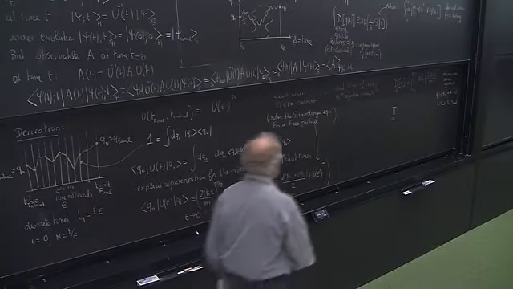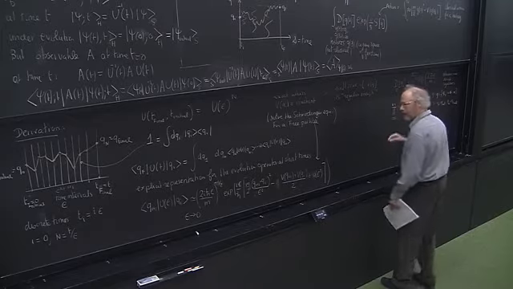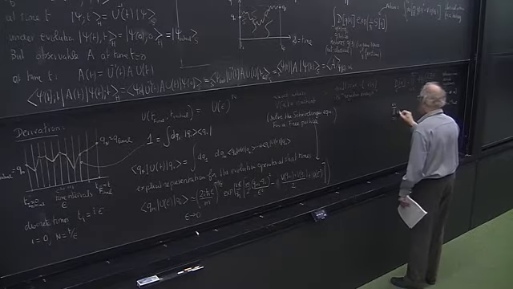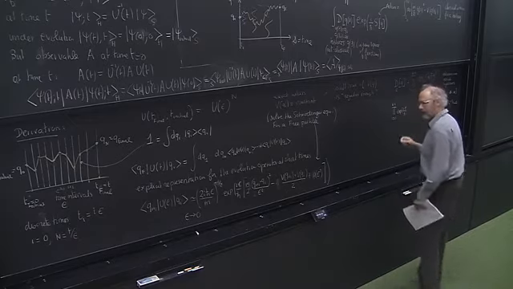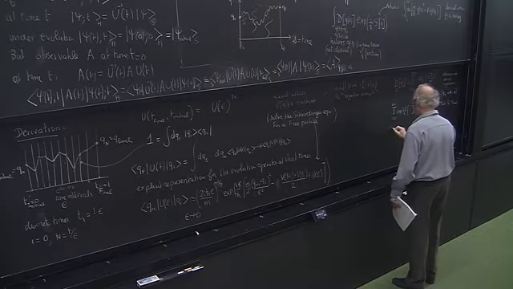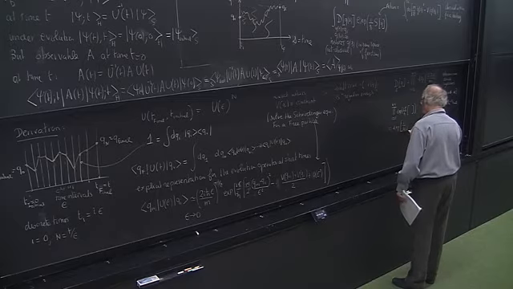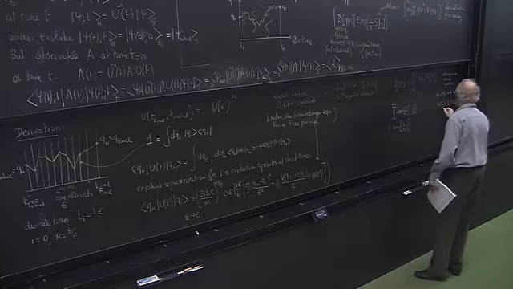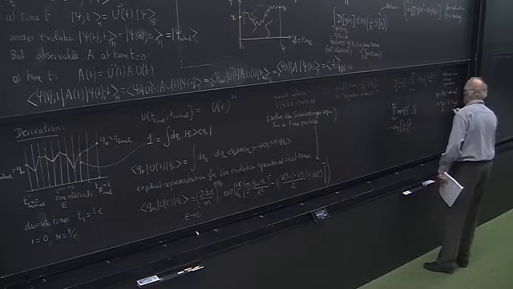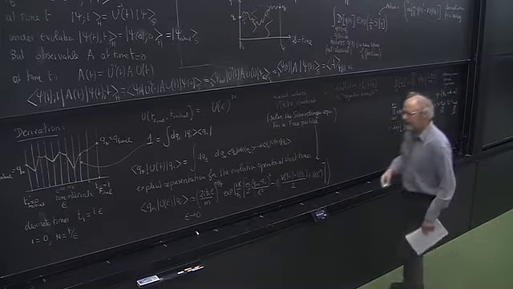So there are n intervals, from i equal 0 to n minus 1, of the exponential of minus i epsilon divided by h-bar times this factor. This is just the exponential of i over h-bar times the integral from 0 to t, while t initial is 0 and t final is t.